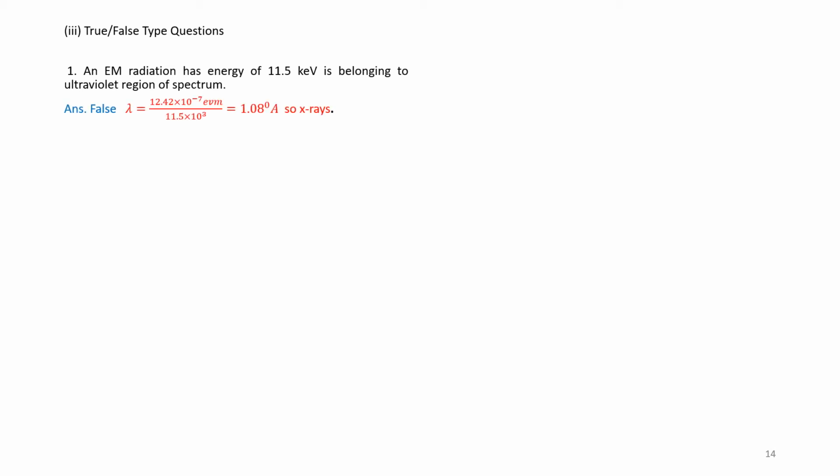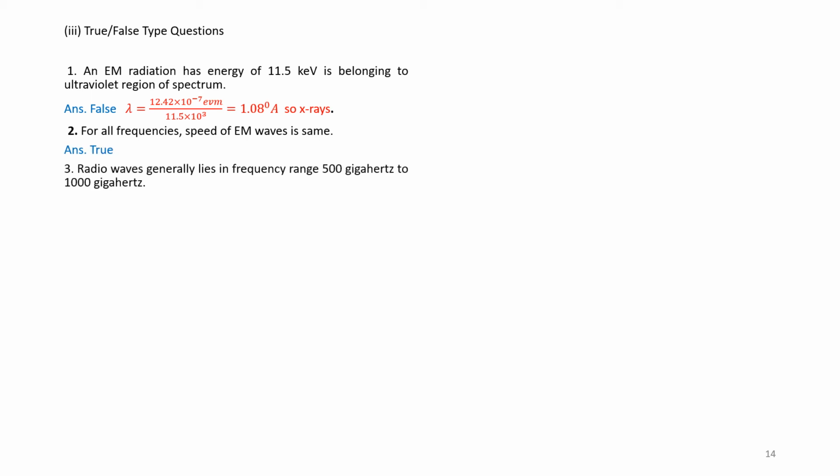True or false type questions. An electromagnetic radiation has energy of 11.5 kilo electron volt and belongs to the ultraviolet region of the spectrum. False. For all frequencies, the speed of electromagnetic waves is the same. True. Radio waves generally lie in the frequency range of 500 GHz to 1000 GHz.